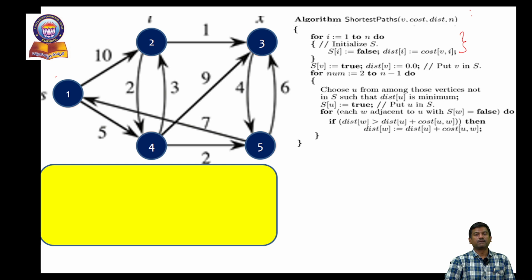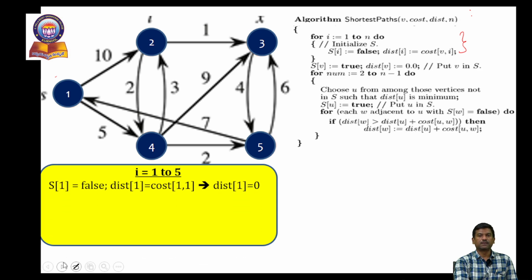That is, you make each vertex S of 1 equal to false, S of 2 equal to false, and so on. In your first loop, for I equal to 1 to n do, we have written the statement S of I equal to false, where S of I indicates we are going from 1 to n.